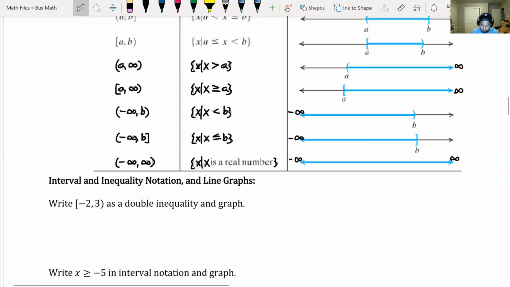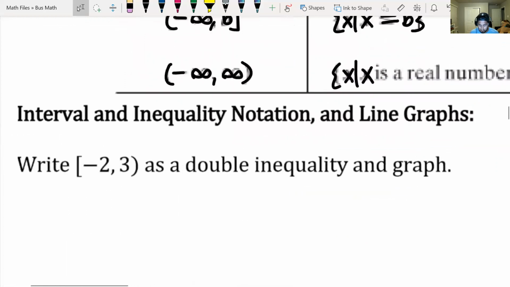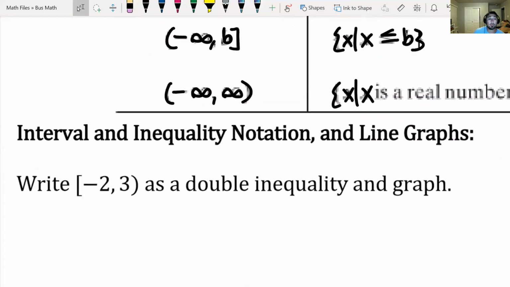So, first up, write the interval, bracket -2, comma 3 parentheses as a double inequality and graph. Okay. So what they're giving us right now is interval notation. So all we have to do is put this into set notation.